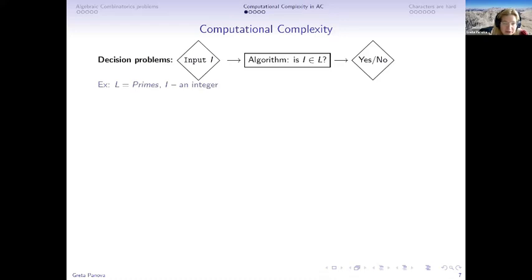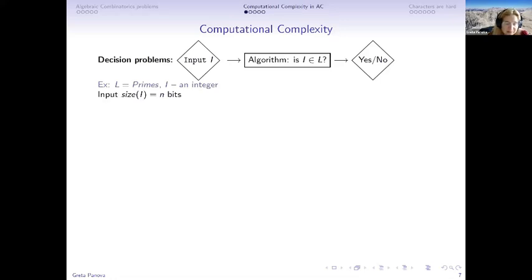Then we want to do something to that input and get an answer that is yes or no. So is our input nice or not? For example, if our input is an integer, we may want to know whether it's prime or not.